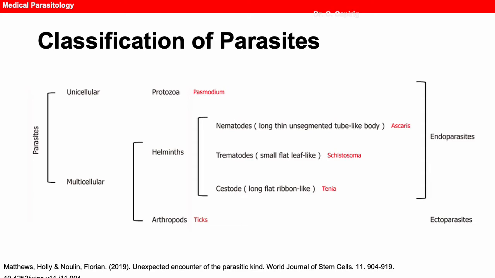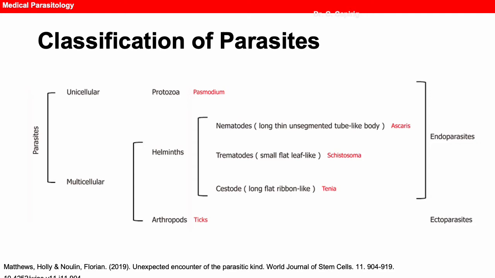The nematodes are characterized by a long, thin, unsegmented tube-like body, while trematodes are characterized by a small, flat, and leaf-like structure, and cestodes have a long, flat, ribbon-like structure. Nematodes are also known as roundworms, while trematodes and cestodes are our flatworms. So we have two flatworms.